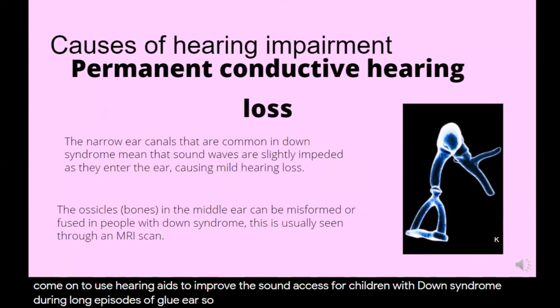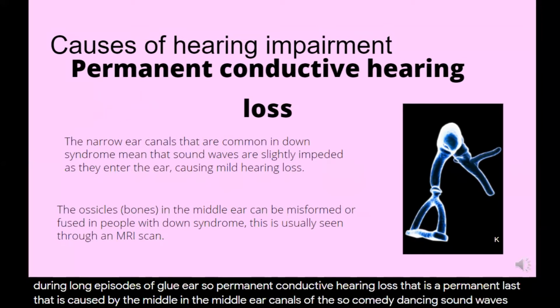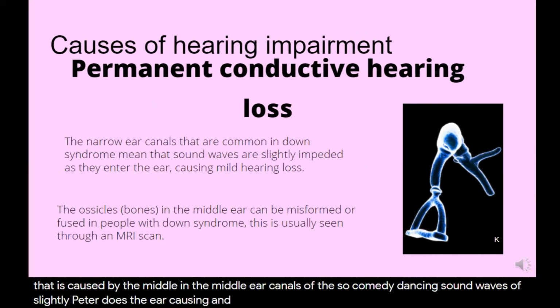So, permanent conductive hearing loss is a permanent loss that is caused by the middle ear. Narrow ear canals that are so common in Down syndrome mean that sound waves are slightly impeded, causing a mild hearing loss.